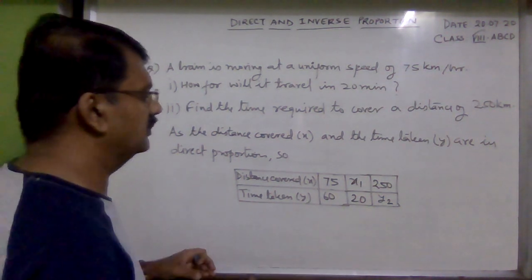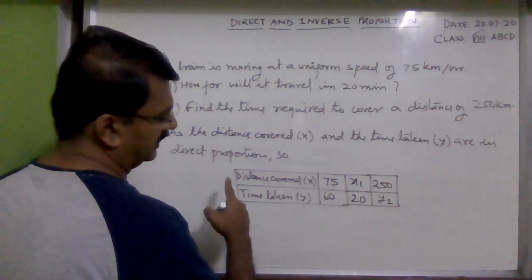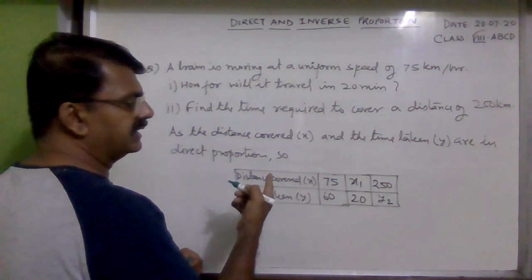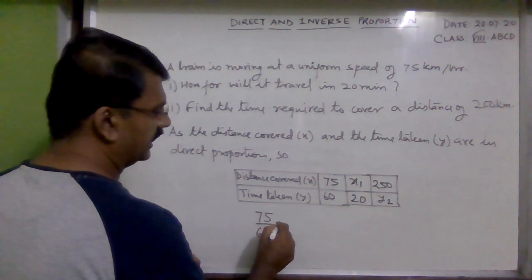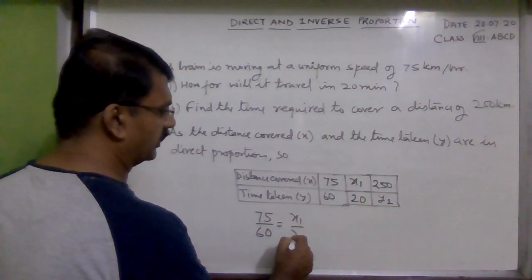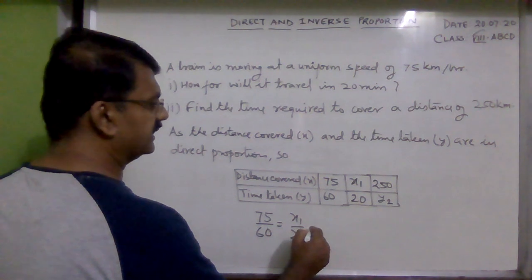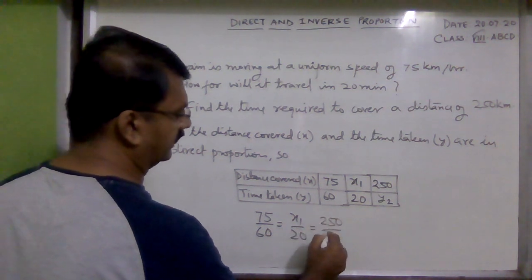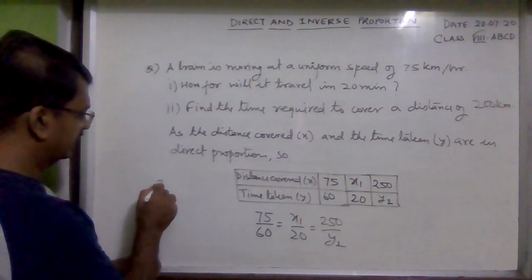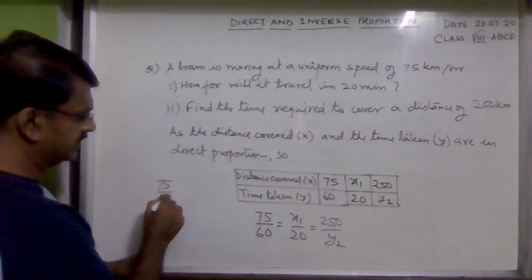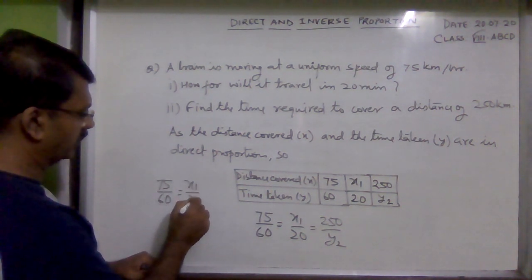Okay, now first of all, as I have already mentioned that they are in direct proportion, so 75 by 60 is equal to x1 upon 20 is equal to 250 upon y2. So when you equate the first and the second, 75 by 60 is equal to x1 upon 20.